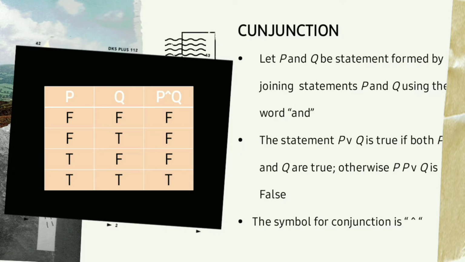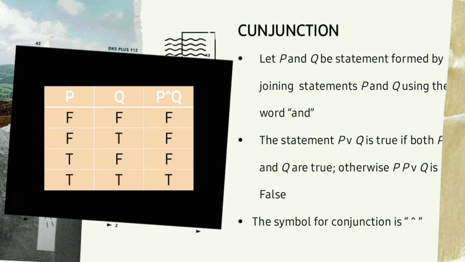Next, conjunction. What is conjunction first? It is a statement formed by joining two statements with the connector and.